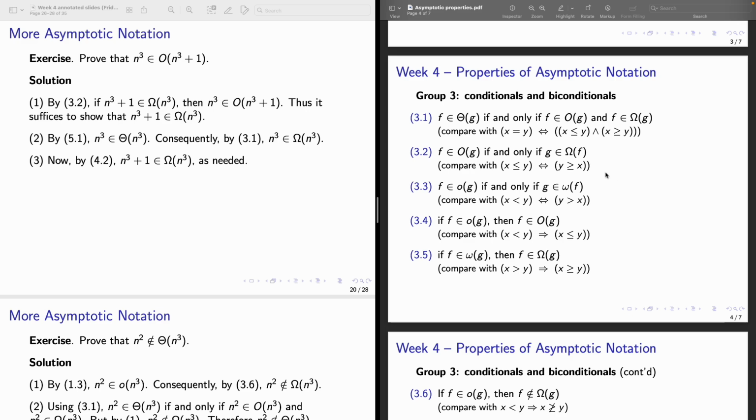And just like how that transitivity rule had an analog for regular inequalities with numbers, being able to reverse big O and big omega like that is just like how you're able to flip an inequality around.